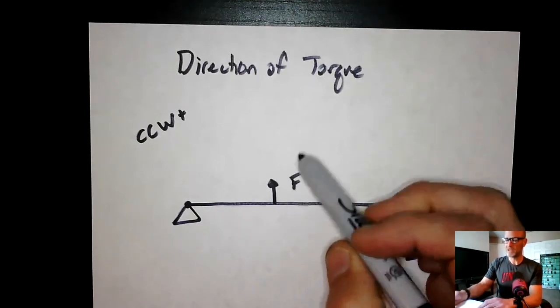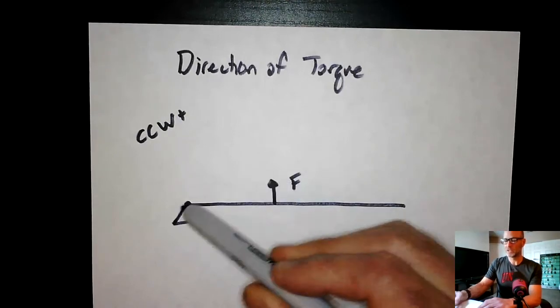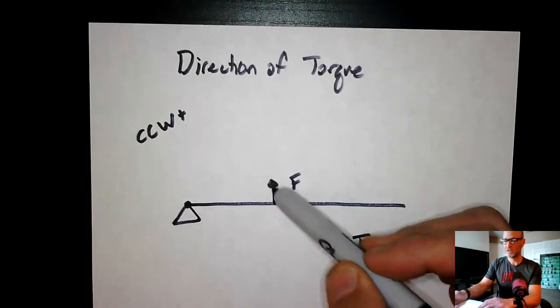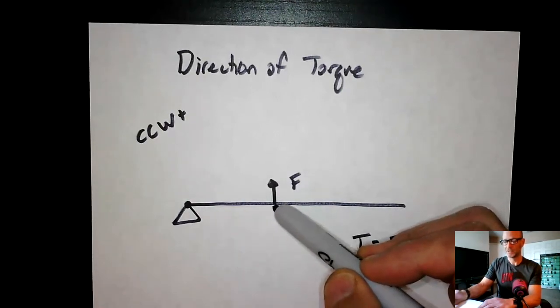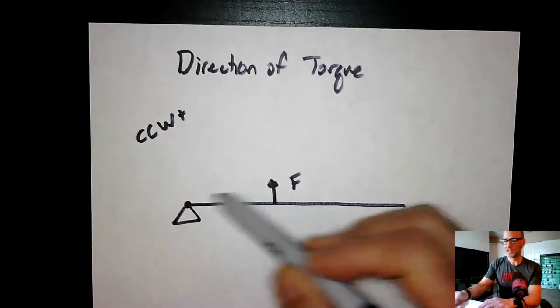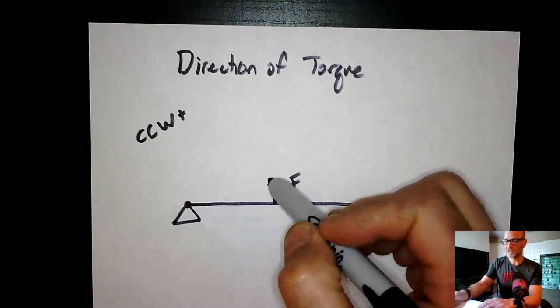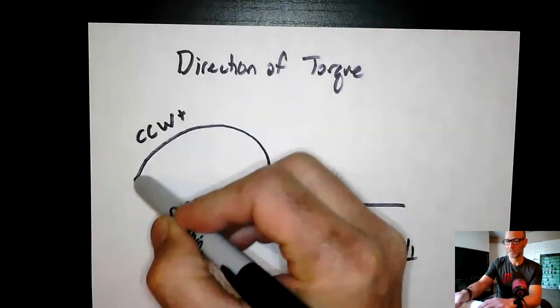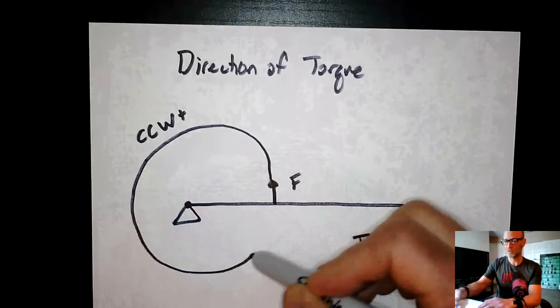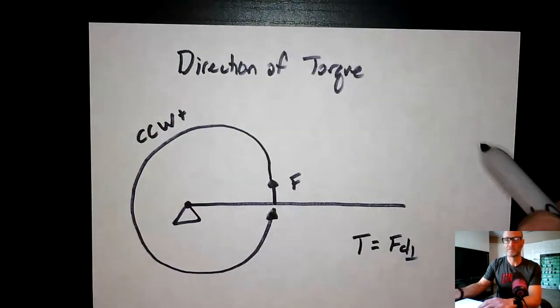The easiest way that I found is to start at the tip of the arrow and then draw a line or a circle around this axis of rotation, ultimately to the tail of the force vector, but you cannot cross the lever arm. So I have to start here, go around the axis of rotation, and come back to the tail of the original force vector.